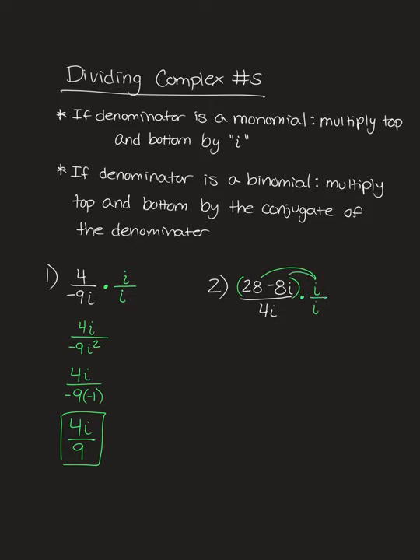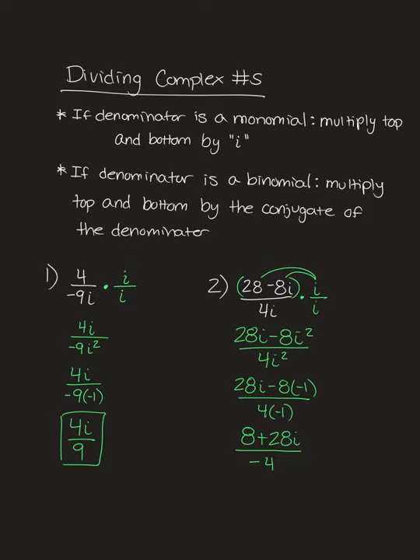So I'm going to distribute this i into the numerator here to where I get 28i minus 8i squared over 4i squared. Okay, so the i squareds all turn into negative 1. So negative 8 times negative 1 is a positive 8 plus 28i, remember the imaginary part goes second, over negative 4.